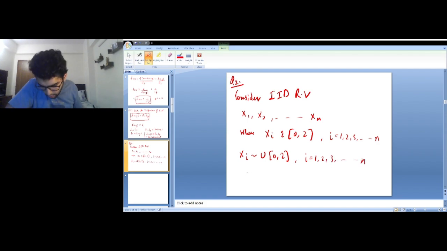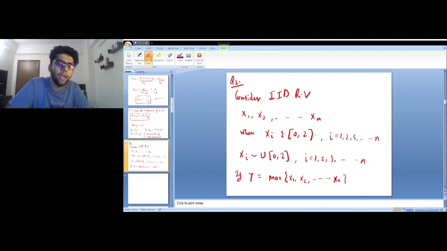Now, if y is equal to the max of x1, x2 till xn, then the mean of y is, so y is a variable which is the max of all of these values x1, x2, xn. So the max of this is y, and we need to find the mean of y.